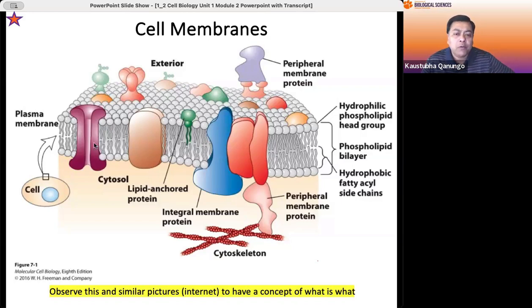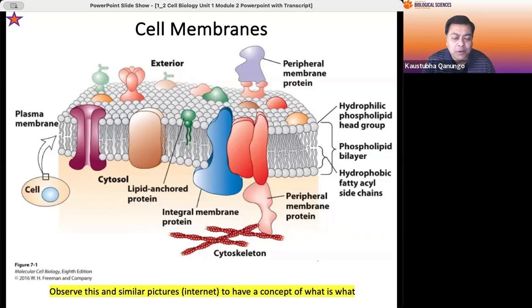All right. After that, we are looking at many different proteins. There are several different types. First of all, when we look at this protein right here, like a channel, this is like a blob, and these are all spanning the entire membrane. So you can tell they are transmembrane proteins, also known as integral proteins. Some cell biologists at a higher level sometimes distinguish between integral and transmembrane proteins, but usually we will not go into that detail.